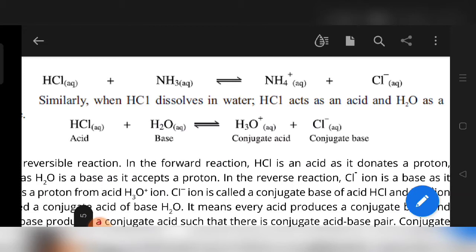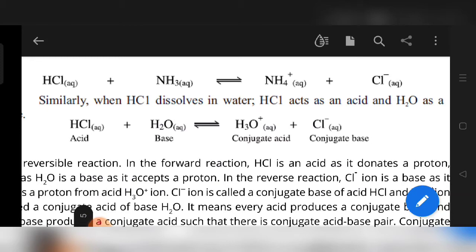And similarly, after donating a hydrogen ion to water, chlorine acquires a negative charge. It means now it's acting as a base because it can rejoin with a hydrogen ion, and it can accept a hydrogen ion again from the water, and it can act as a conjugate base.